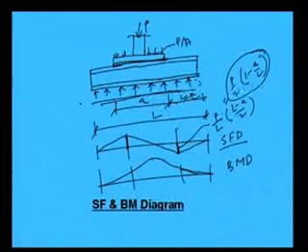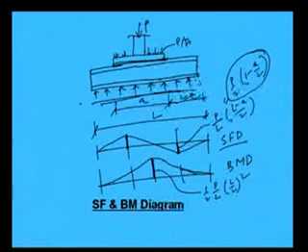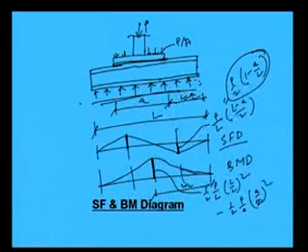So the maximum shear force is this, and the maximum bending moment we can also find out. That will become half into P by L into L by 2 whole square, because this is L by 2, then minus half into P by A into A by 2 whole square, because of this reaction force.